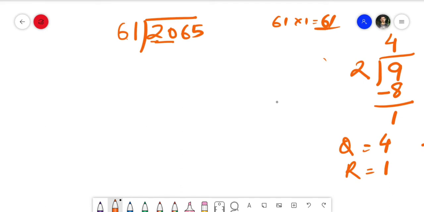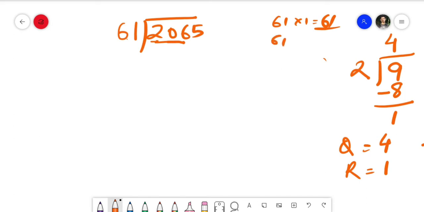So let me see this. Sorry, not 83, this will be 206. And we'll see the third digit. 1, 2, 3. Of course 20 is not in the 61 table, but 206 will be there, some number will be there, more than 61 because 61 1s are 61, isn't it?